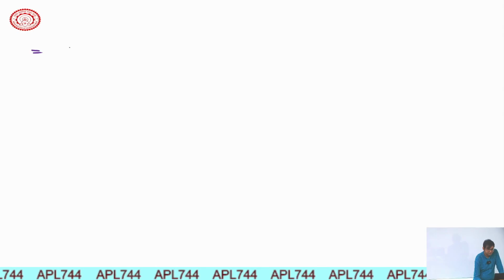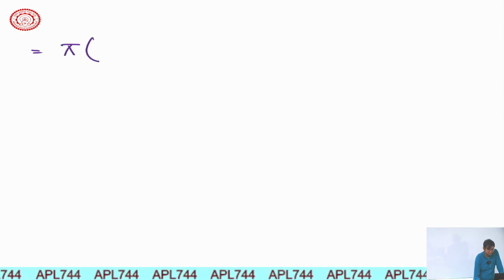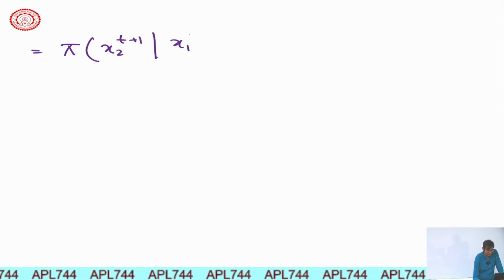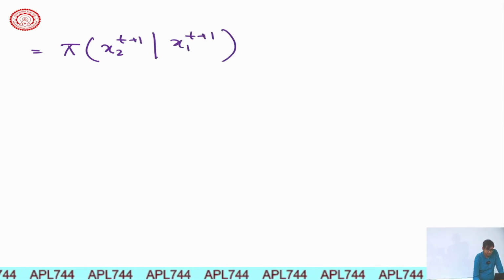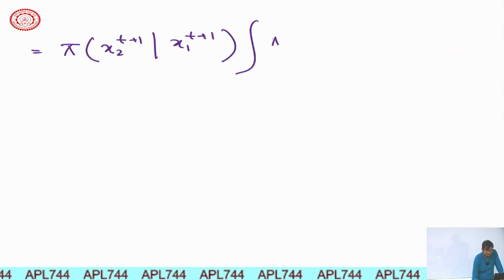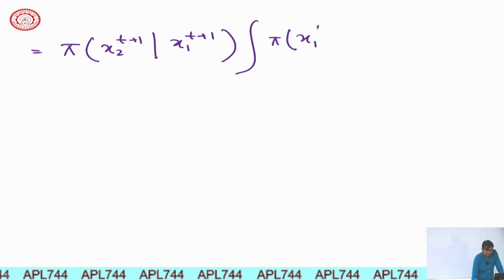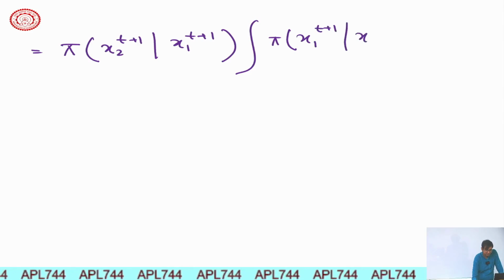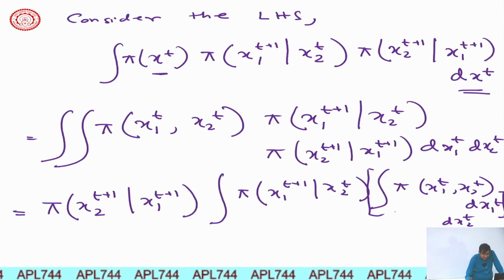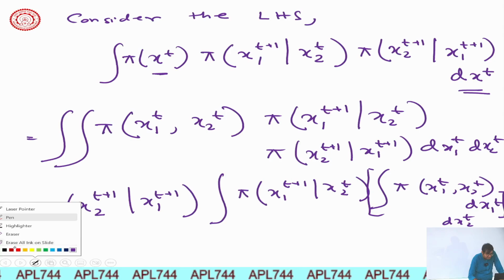So this is equal to pi of x2 t plus 1 given x1 t plus 1, integration pi of x1 t plus 1 given x2 t multiplied by this whole bracket. Let me change another color.